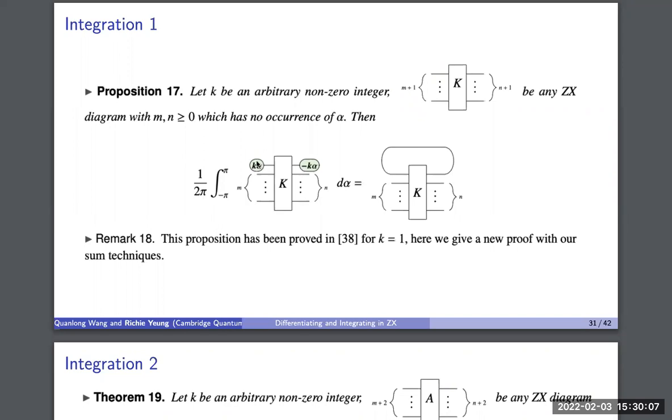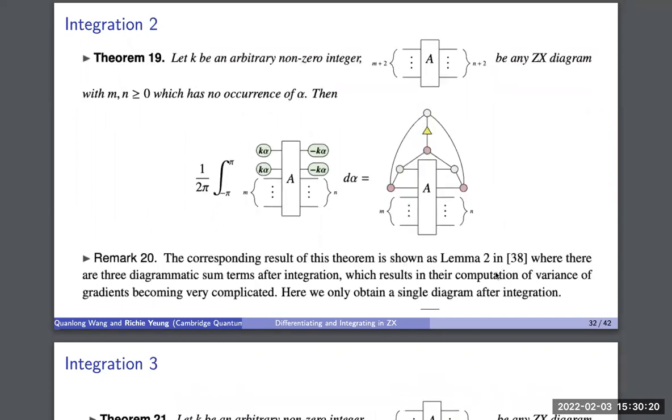When you integrate, you simply replace these two phases with a sort of trace, and that's the n equals 1 case. For the n equals 2 case, it's a bit more complicated. You need to write something like this. The exact form is not so important, but you see that you need the triangle here, so it's a bit easier to do in algebraic ZX than regular ZX.